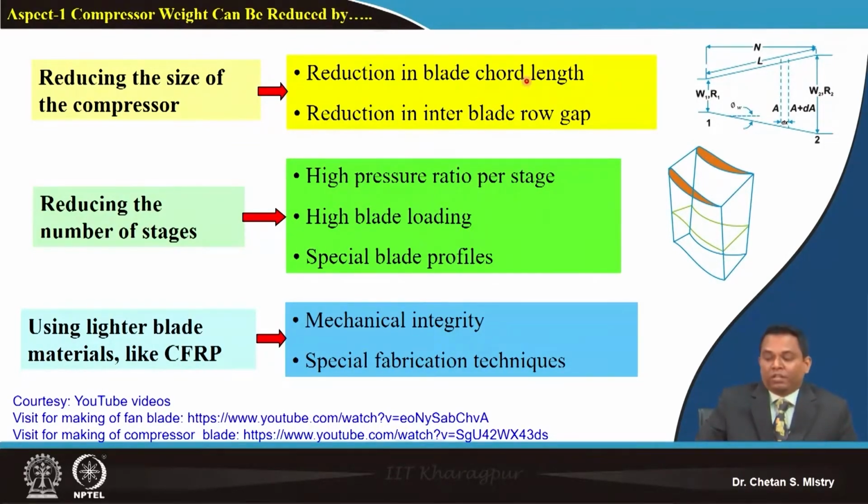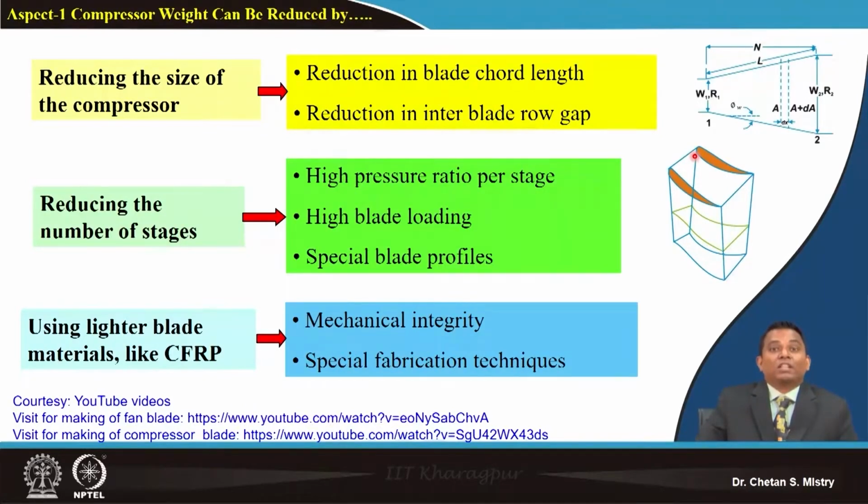So when we opt for decreasing the chord length, what will happen? If I reduce this chord length, I will not have a sufficient amount of space for diffusion to happen on my suction surface. When we do not have that flexibility, the parameter that comes to mind is my diffusion factor. The diffusion factor decides the pressurizing capacity of that particular station.